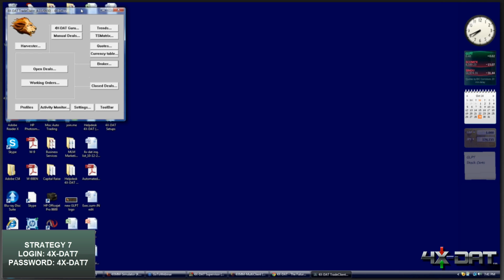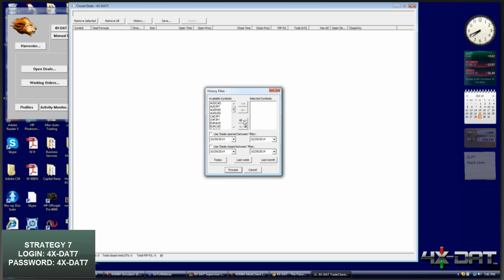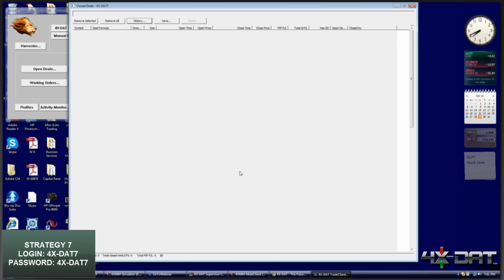We will leave it on for you to monitor and see what happens, so that you have a good idea of the mechanics of the software, how it works, what happens behind the curtain or behind the scenes. And you can monitor the closed trades, the history of it.